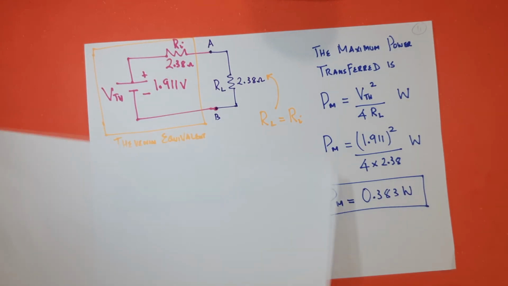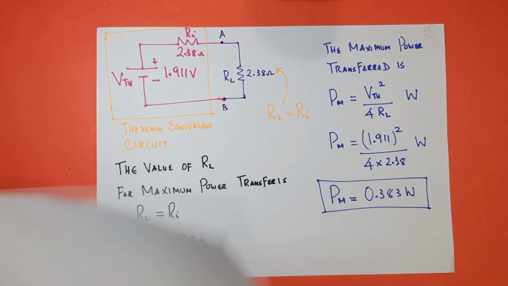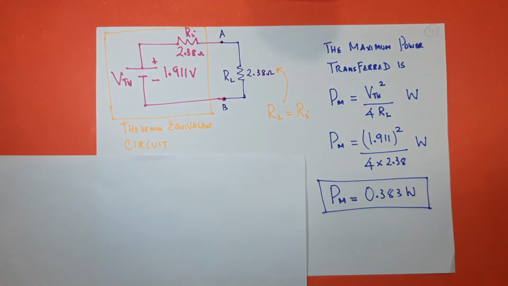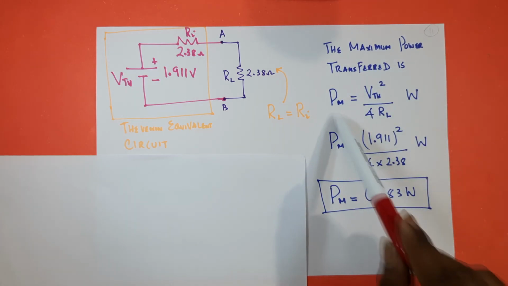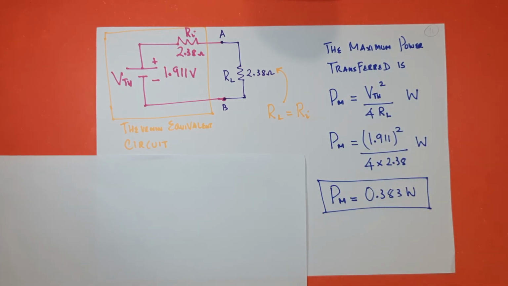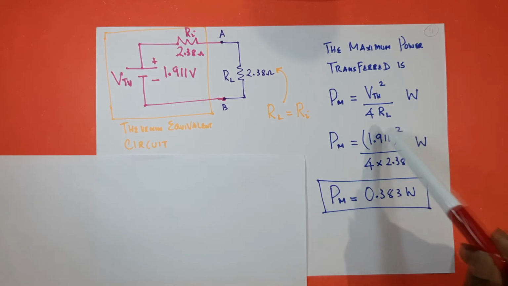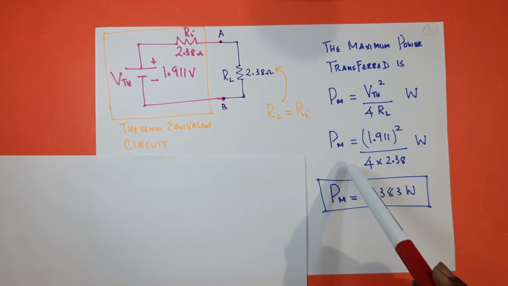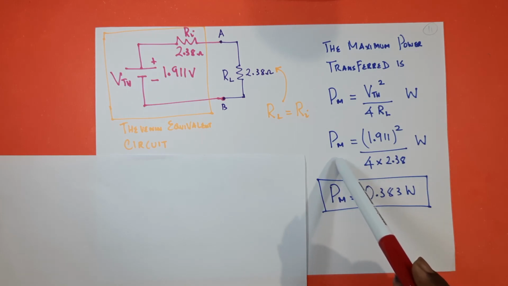Next question is, what is the maximum power transferred? So we already derived one formula, right? The maximum power transferred is given by Pm equal to V Thevenin square divided by 4RL watts. This formula we have already derived. Substitute the values.